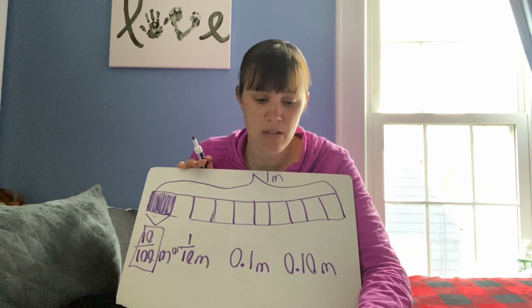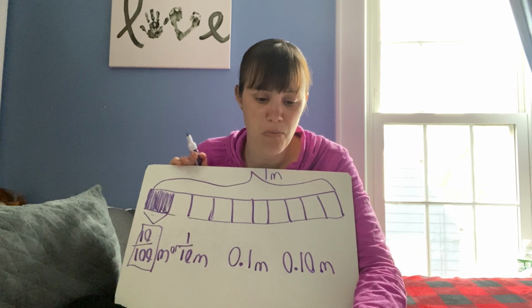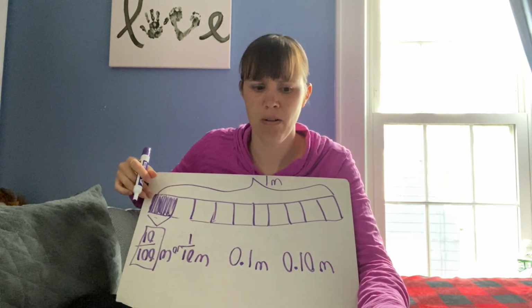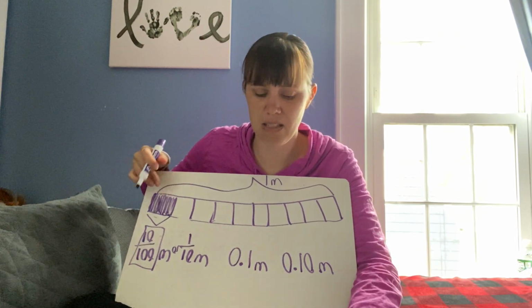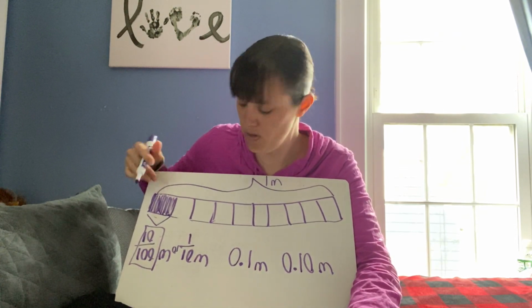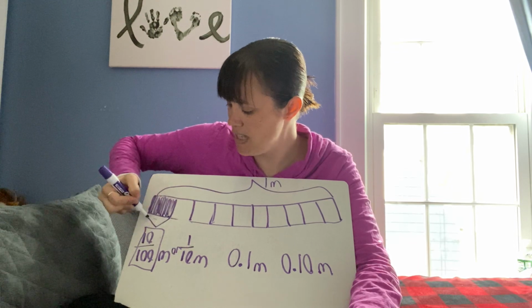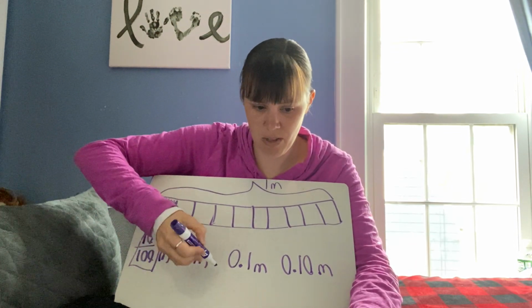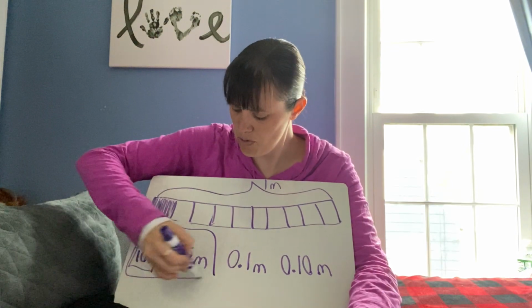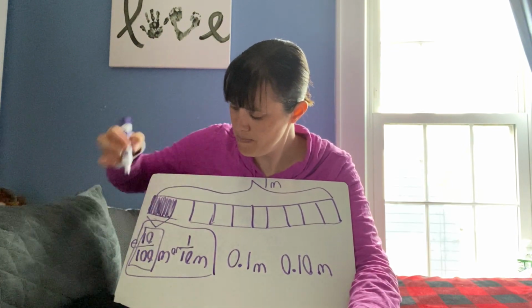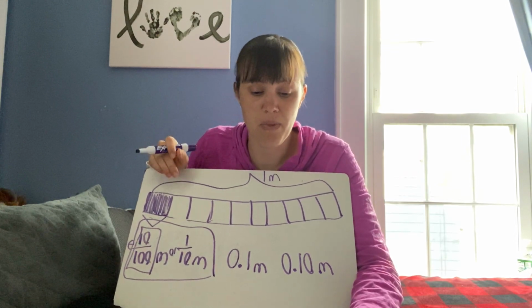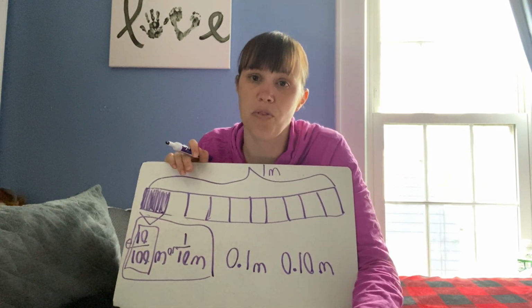E, what fraction of a meter is 10 centimeters? Well, we already did that. We did this in C. It's the same answer. That's 10 centimeters out of 100, or 1/10 meter. So this is also the answer to E. C and E were actually the same thing, but they wrote it a little bit differently.